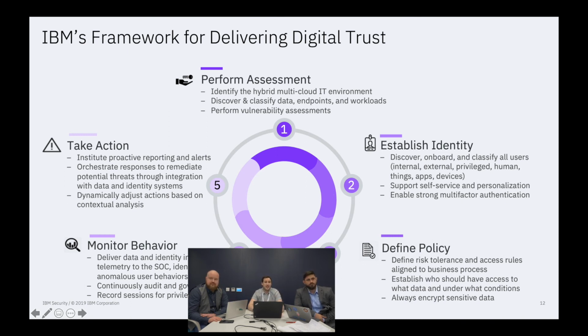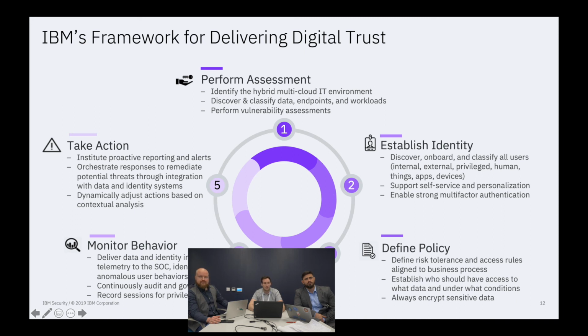And step 5, then take action. So institute proactive reporting and alerts and orchestrate your responses to potential threats, and you want to adjust that going forward. So even after taking action, rinse and repeat. The model is continuous. It's ongoing, and you keep going until your process and the framework is mature and you have well-defined policies.